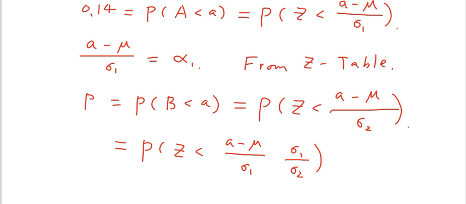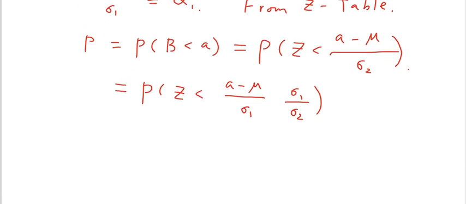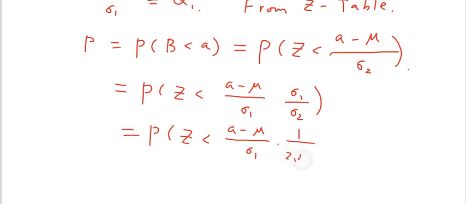Sigma 1 over sigma 2 is 1 over the square root of 2.25.